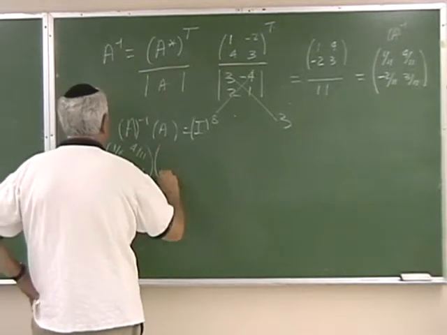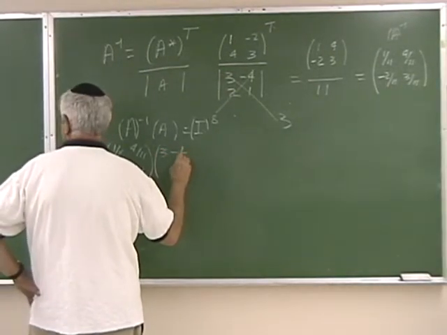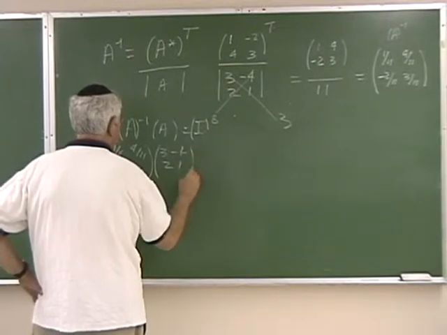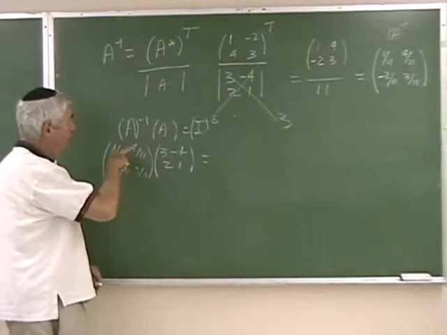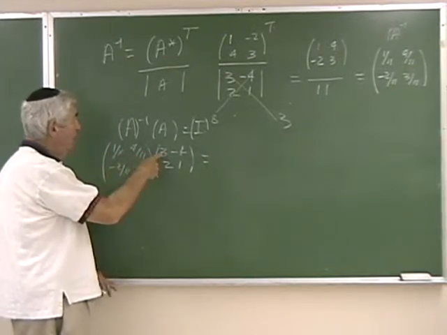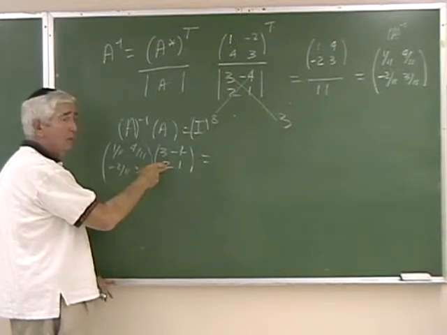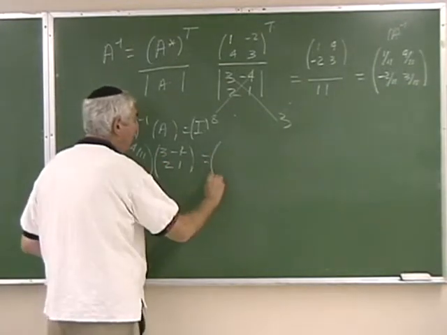And the matrix A is 3, minus 4, 2, and 1. Now when you multiply matrices, you multiply this row times this column. So 1 times 3 is 3, 4 times 2 is 8, 3 plus 8 is 11, and 11 over 11 is 1.